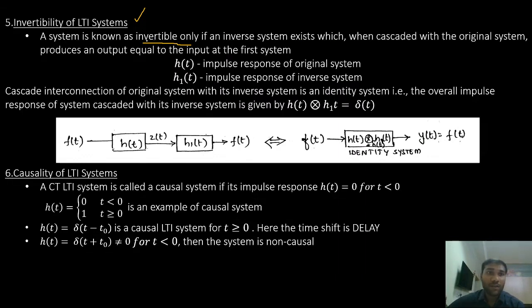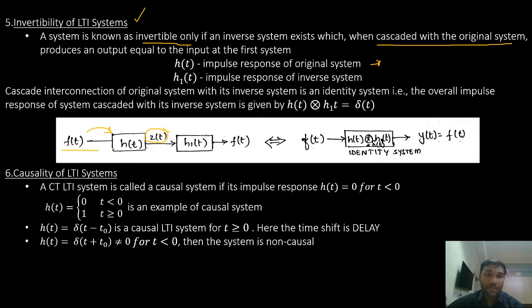It is called invertible only when an inverse system exists. So the inverse system is cascaded with the original system, right? First I have my x of t, or let me say my f of t. F of t is passed through a system with impulse response h of t, and I have my output, some z of t.